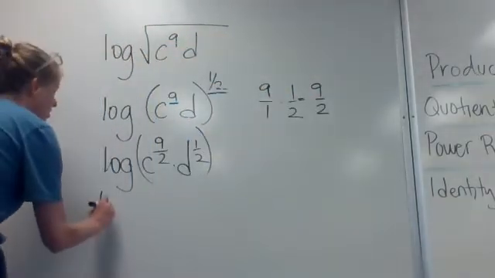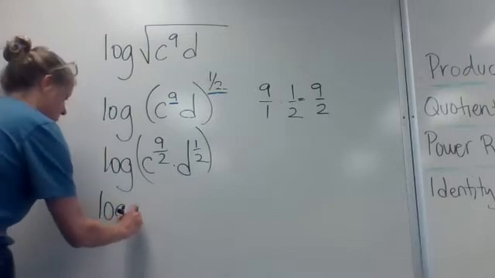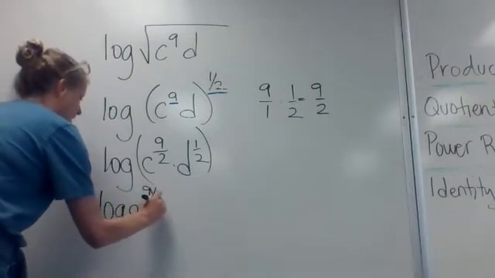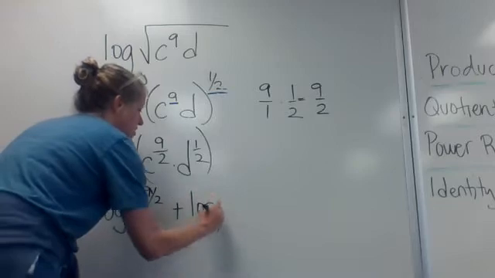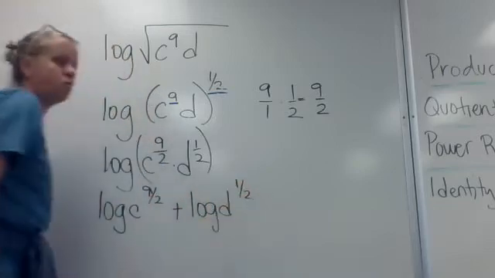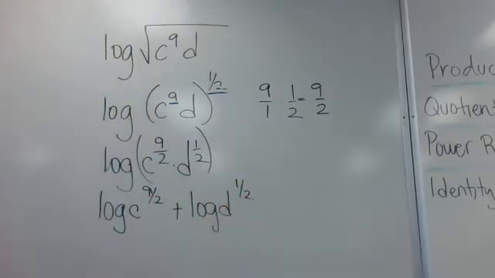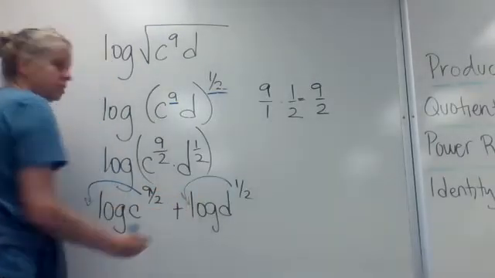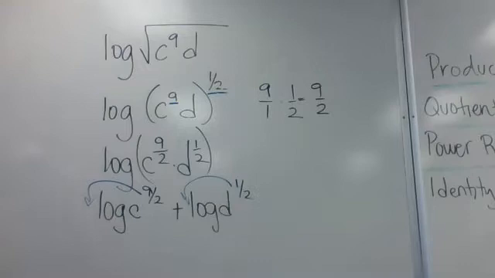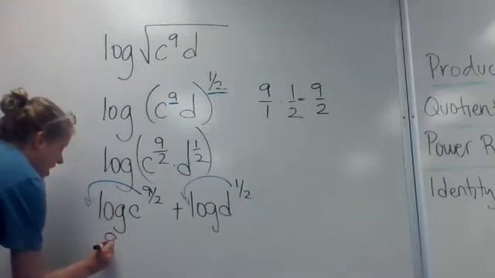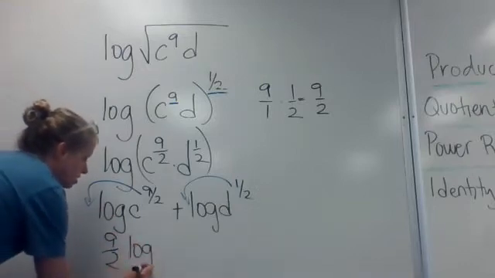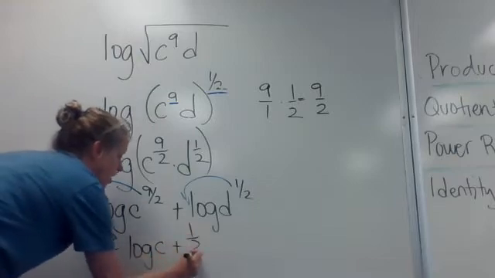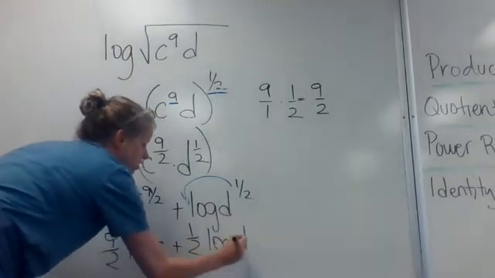So I'm going to have log c to the 9/2 plus log d to the 1/2, which means what's my last step? Just bring down your exponents. So I'm going to have 9/2 log c plus 1/2 log d.